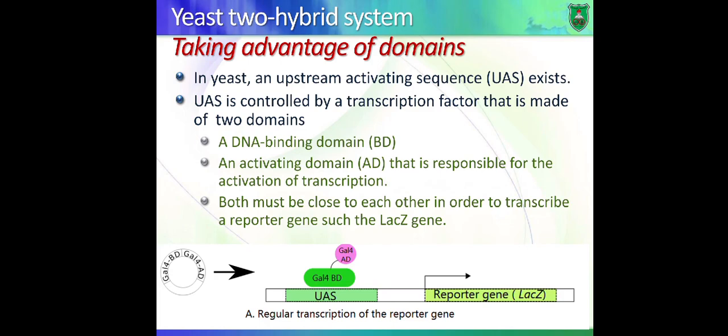Now GAL4 is made of two domains: a DNA binding domain and an activating domain, or an activation domain. Okay. Now once you have binding of the protein onto the UAS, you have the activation domain interacting with the RNA polymerase that sits on the promoter, activating the RNA polymerase and starting transcription of the gene.